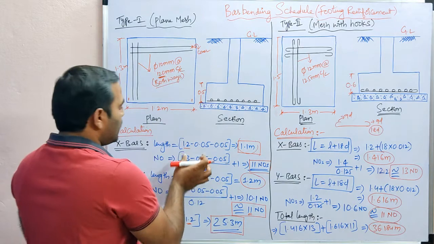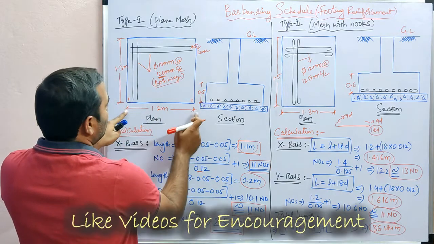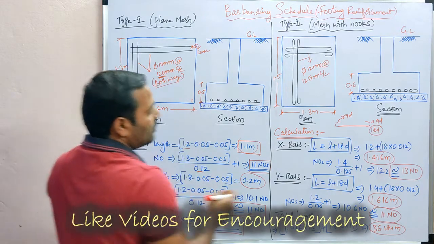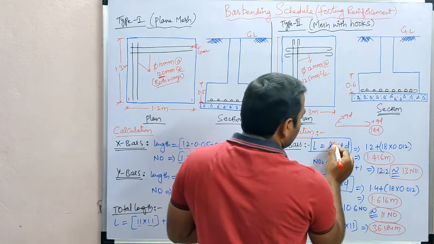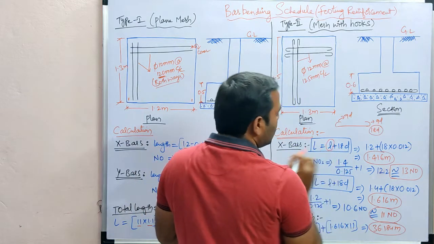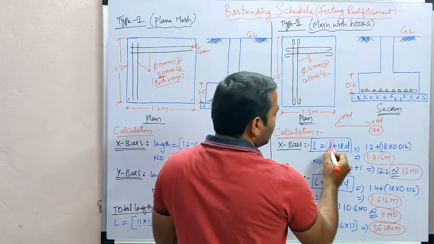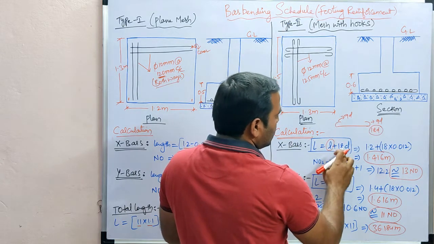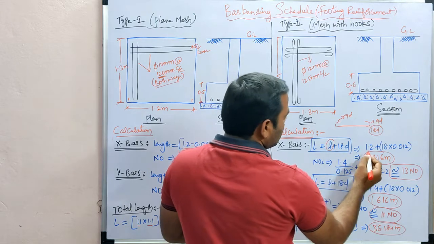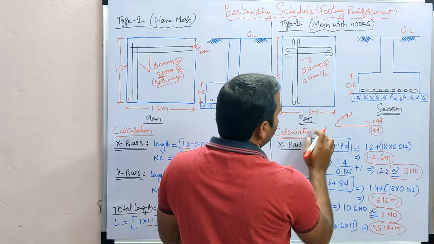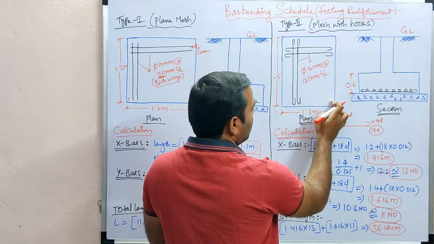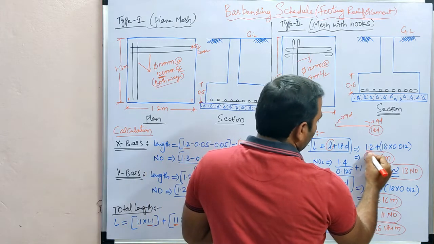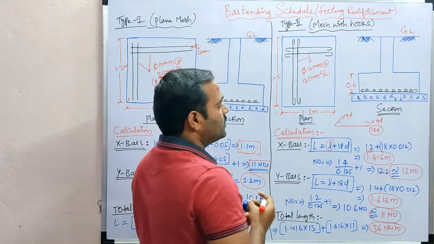So in this case, total length of footing minus 2 covers is the length value, plus additionally I need to add this hook and this hook, that is nothing but 18D. So how much will I get? In this direction, after deducting covers, I will get 1.2 meters because the cover is 50 mm.